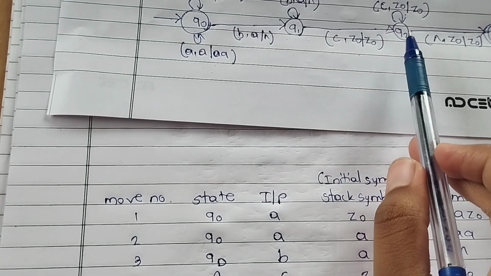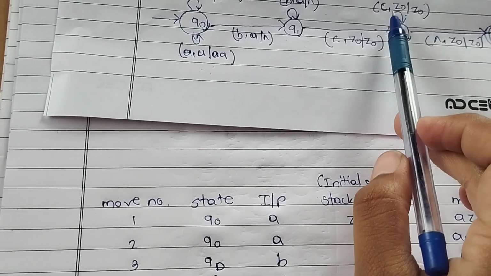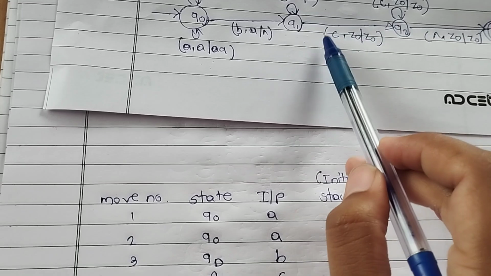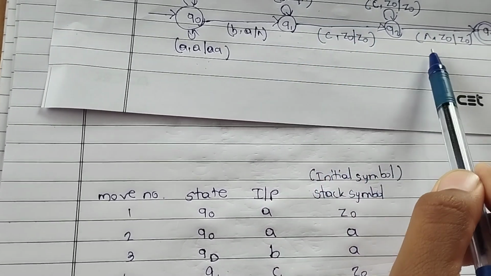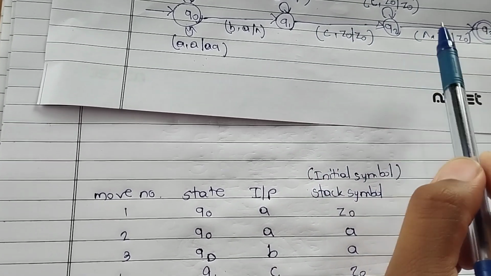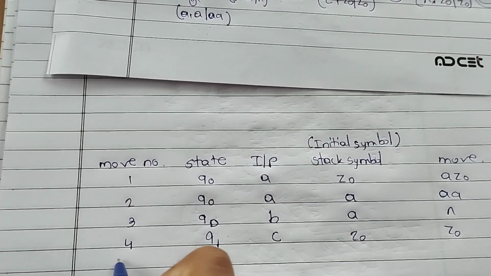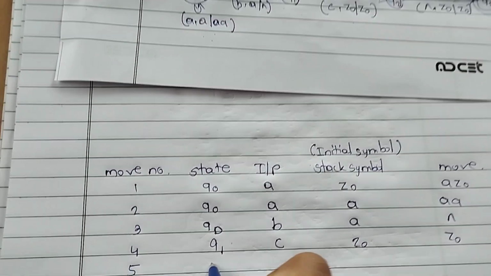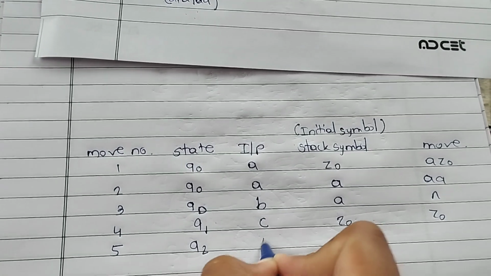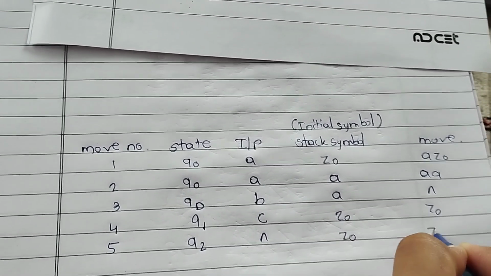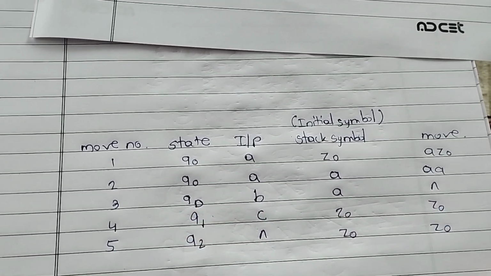Now for the Q2 state, we do not write the bracket again because it is already performed by Q1. So the next transition is Q2 null Z0 Z0. So the fifth transition is Q2 null Z0 and Z0. So this is how the table is formed.